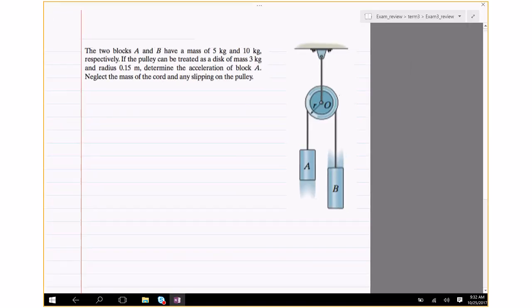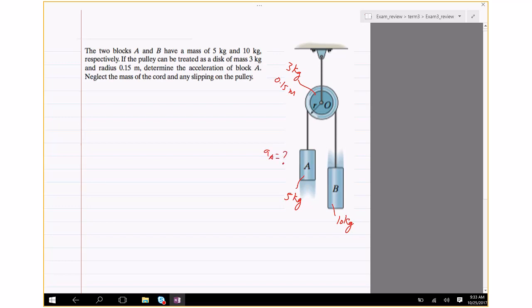Okay, next question. Two blocks A and B have mass 5 kg and 10 kg. We put them as in the figure, 5 kg, 10 kg. If the pulley can be treated as a disc of 3 kilograms and radius 0.15, find the acceleration of block A. So acceleration of block A is unknown.